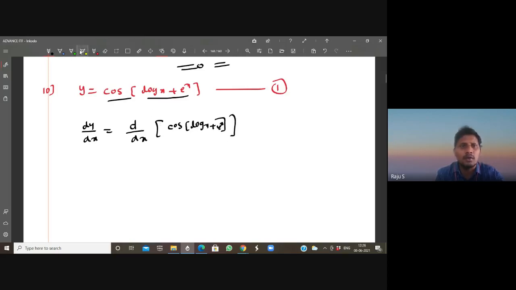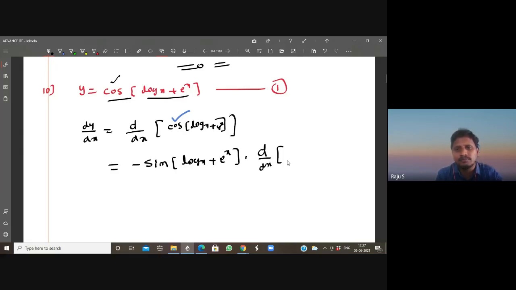Now change with the help of chain rule: first you differentiate cos. When you differentiate cos, cos becomes minus sine of the bracket value as it is, log x plus e power x. In place of cos, just write minus sine. Then the derivative of the bracket value, step by step, you have to differentiate from the left side onwards.